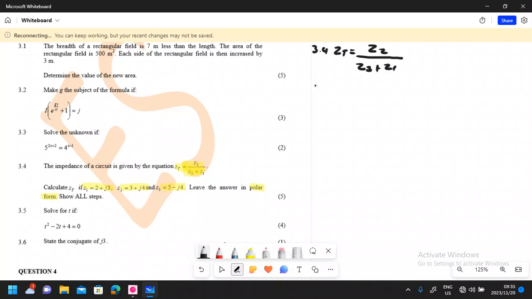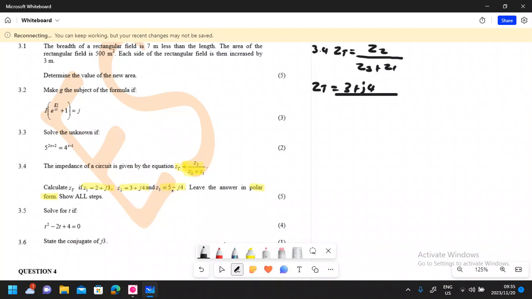Okay, now let's rewrite this Z total. So wherever there is Z2, we just substitute with this one here, guys, Z2. So Z2 is on the numerator, which is going to be 3 plus j4. Remember, j is another way of representing the imaginary number.